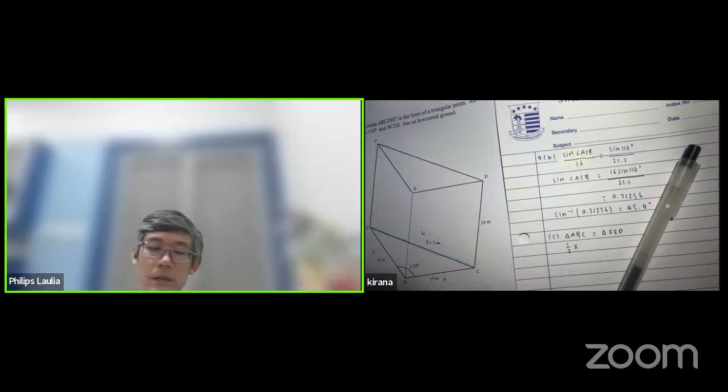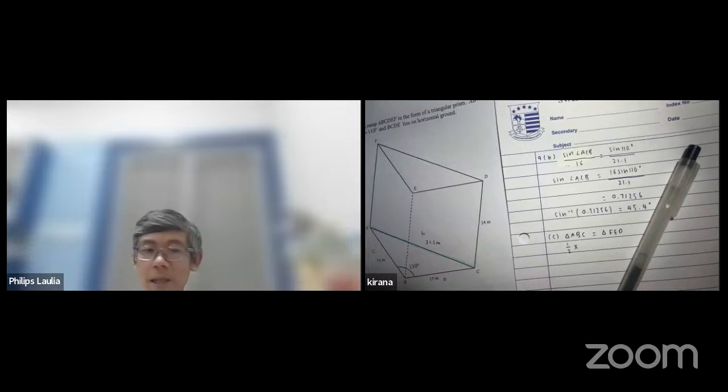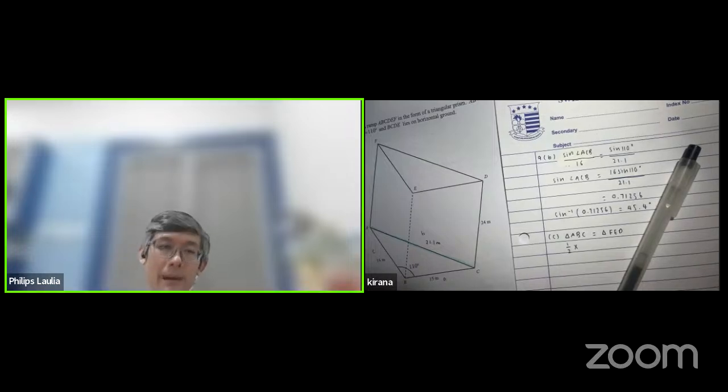Okay, now regarding the volume of the prism, the volume is very simple. It is the correct area, not telling you which one, but the correct area times the correct height. We can be wrong in the area and the height, which is why the correct is very important. Very simple to remember.